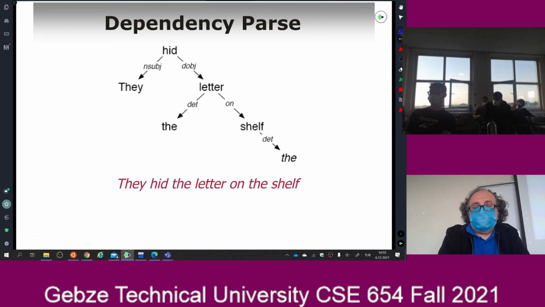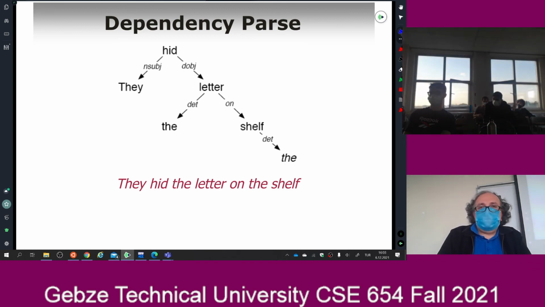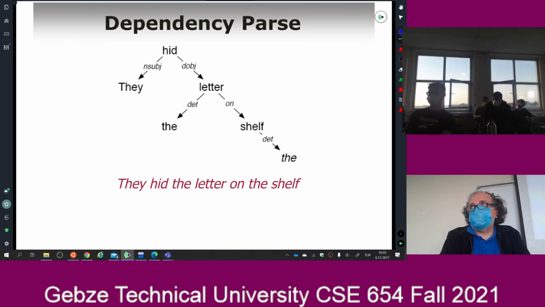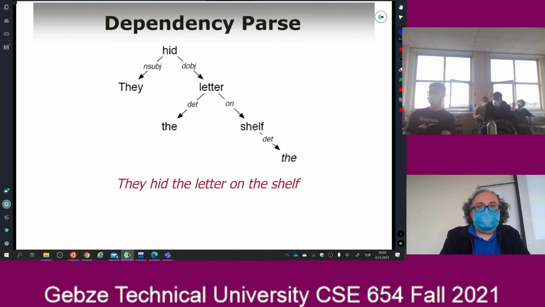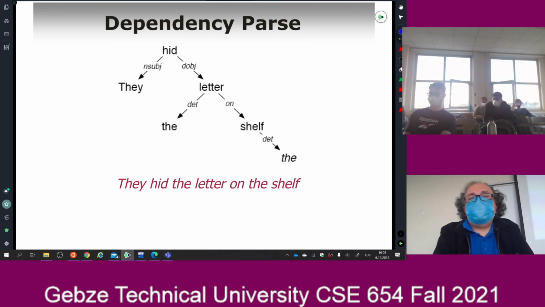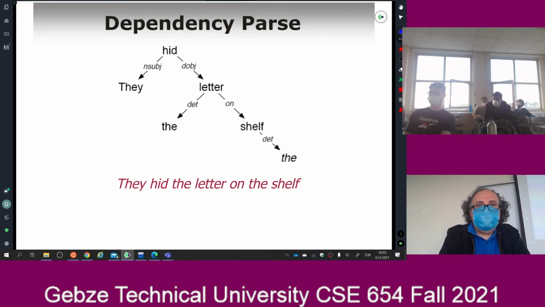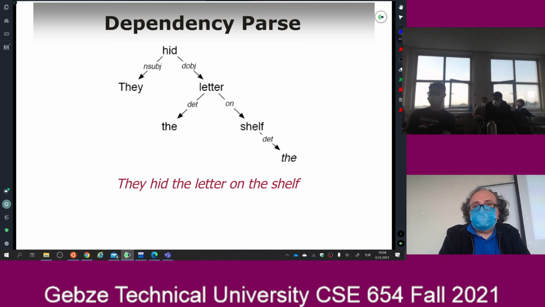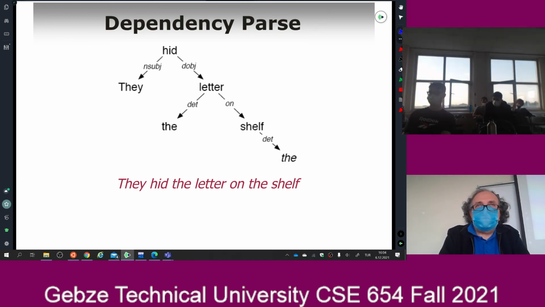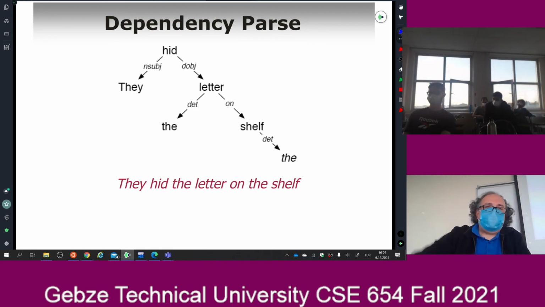So this is very different from, again, context-free grammars, and this tree does not depend on the word order. I mean, it doesn't matter if I say "ben okula geldim" or "ben okula ben geldim." It's going to produce the same dependency parse tree, because geldim will be at the top of the tree all the time because that's the head.